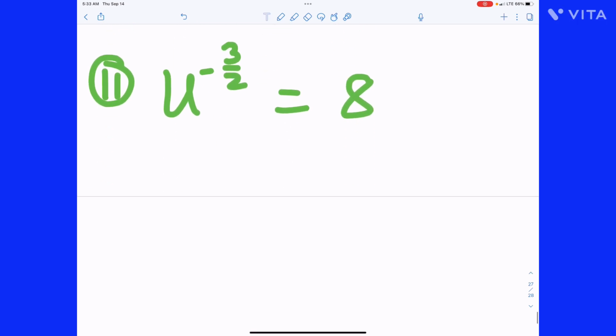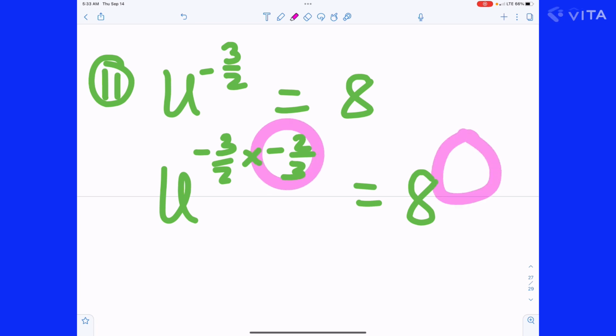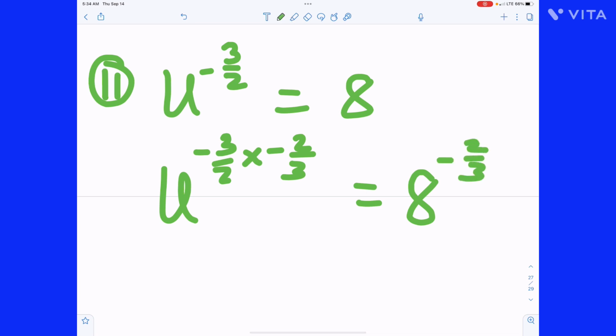So this is simple. We call on our reciprocals. The reciprocal of minus 3 over 2 is minus 2 over 3. So whatever you do to the left hand side, multiplication by minus 2 over 3, you do to the right hand side too. So you raise this to minus 2 over 3.